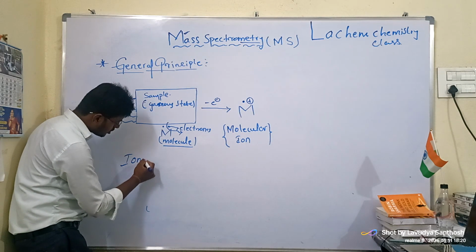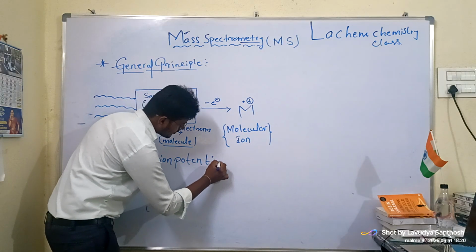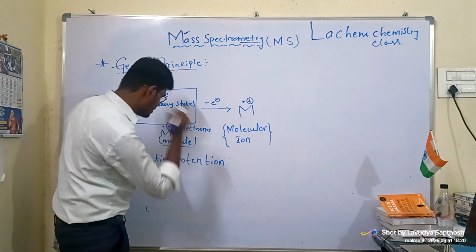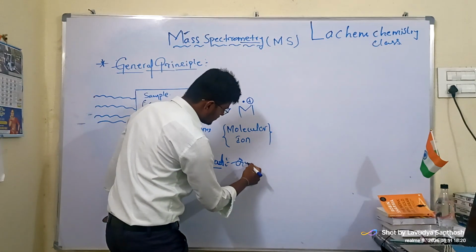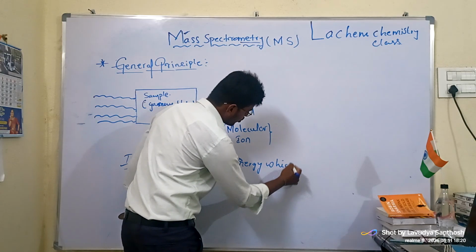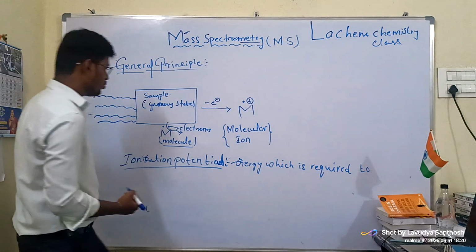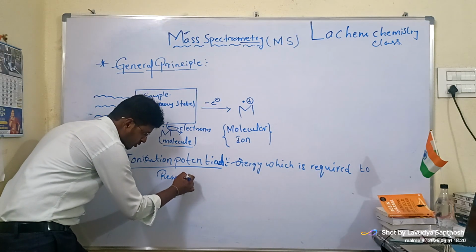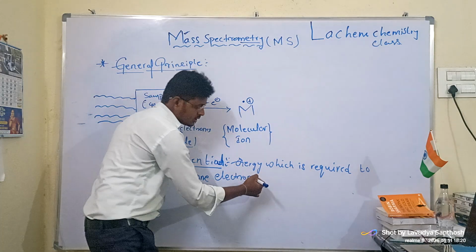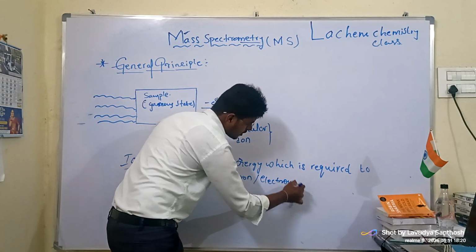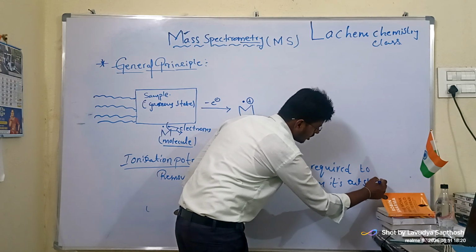Ionization potential is the energy which is required to remove one electron from its outer shell orbital.